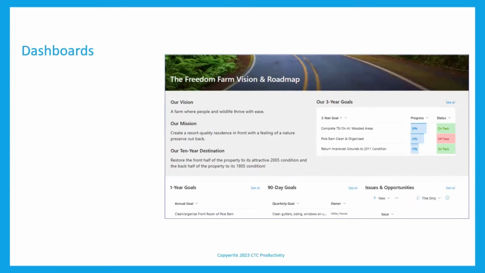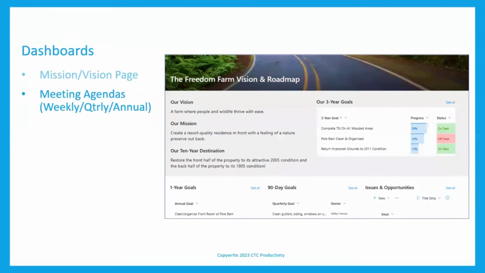So my all-time favorite thing about 365 and SharePoint is you can aggregate information from many different places. I've built these for years, bringing all this stuff together on dashboards. But in this case, mission vision page, or if you use EOS, the VTO page, it's kind of a dashboard.